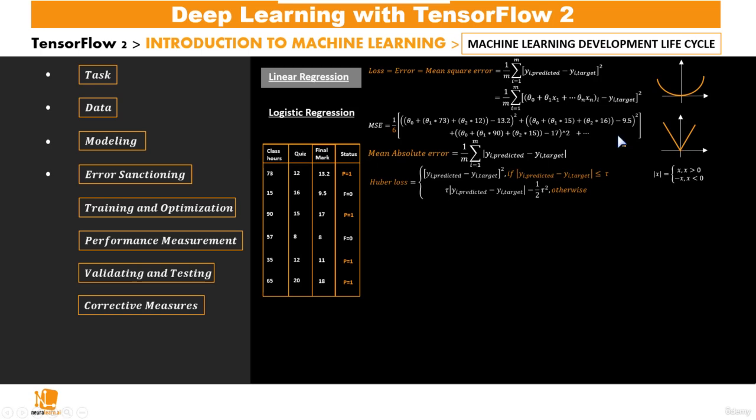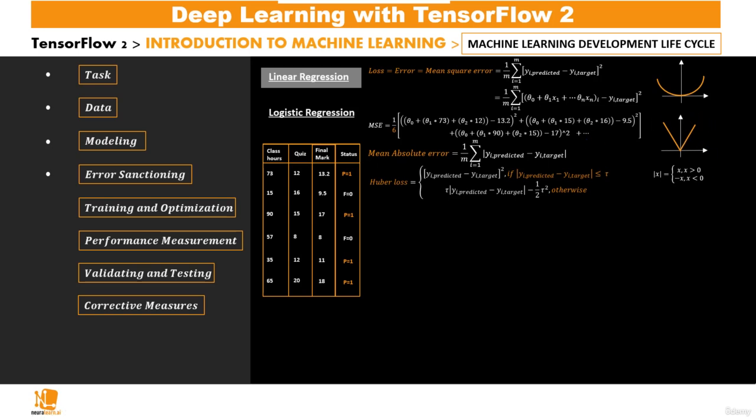Now, what is good about the mean square error is that as we approach this minimum error, we tend to take smaller steps as the gradient is actually reducing. So if we're at this point, we take this large step, at this point a smaller step, and up to the minimum value. Whereas here we tend to take very large steps, and these very large steps may make it very difficult to train such models.